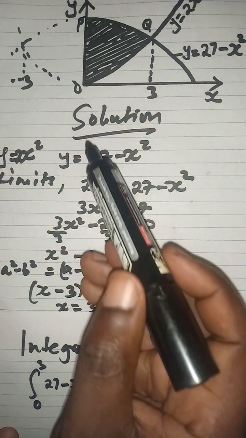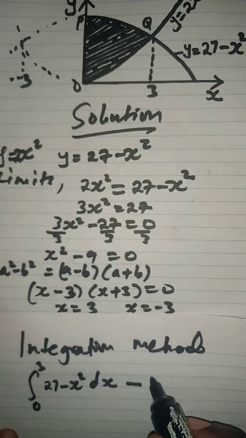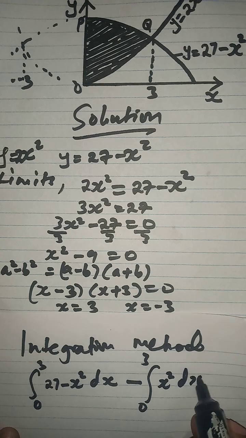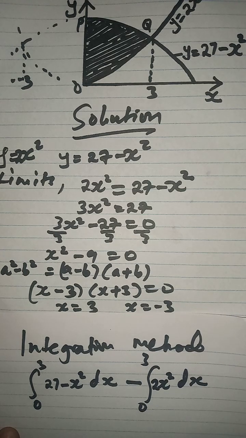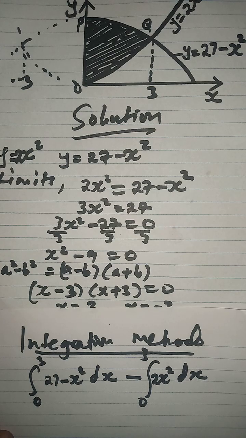Then I'm going to subtract the integral from 0 to 3 of 2x squared with respect to x. By doing this, I'm going to get the actual shaded area.